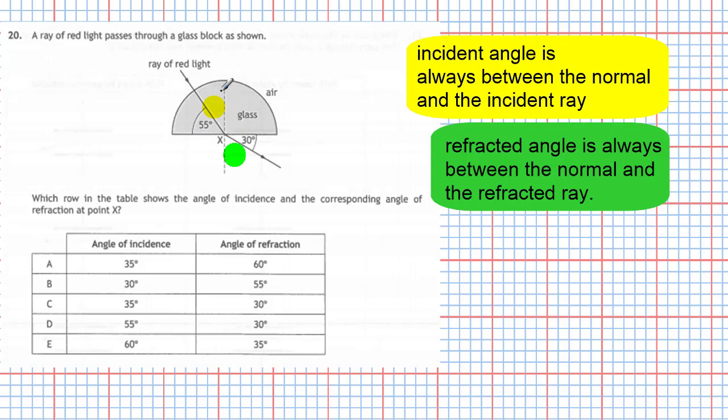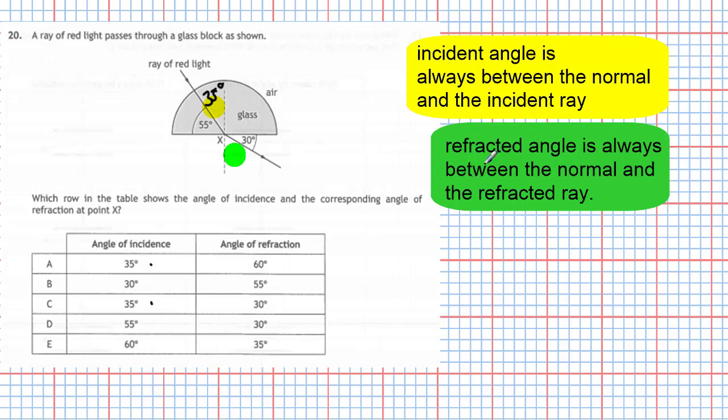The normal always makes a right angle to the surface of the glass block where the ray is meeting it. So this angle in here will be 55 degrees from 90, which leaves 35 degrees. So that's the incident angle. So we have a choice between that one and the other one.